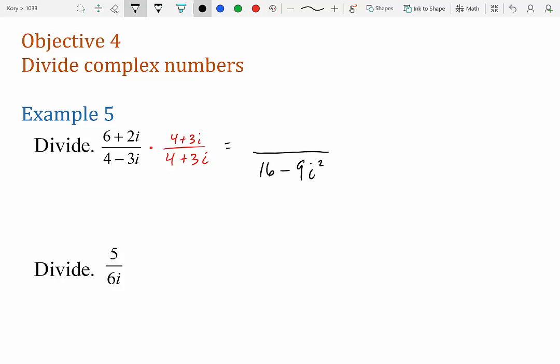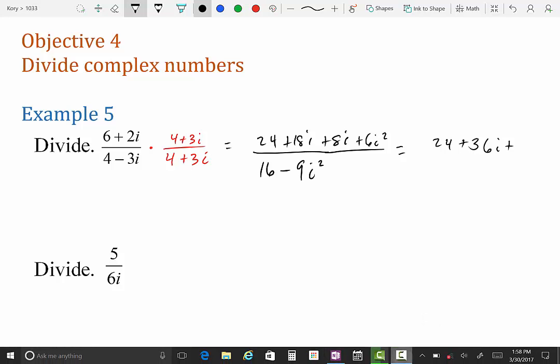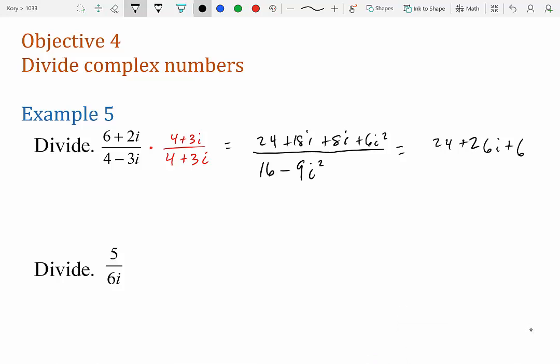Now we have to FOIL the top. We do 6 times 4 is 24. 6 times 3i is 18i. 2i and 4 is 8i. And 2i and 3i is 6i squared. We're going to combine like terms and change the i squares. So we have 24 plus 26i plus 6 times negative 1.